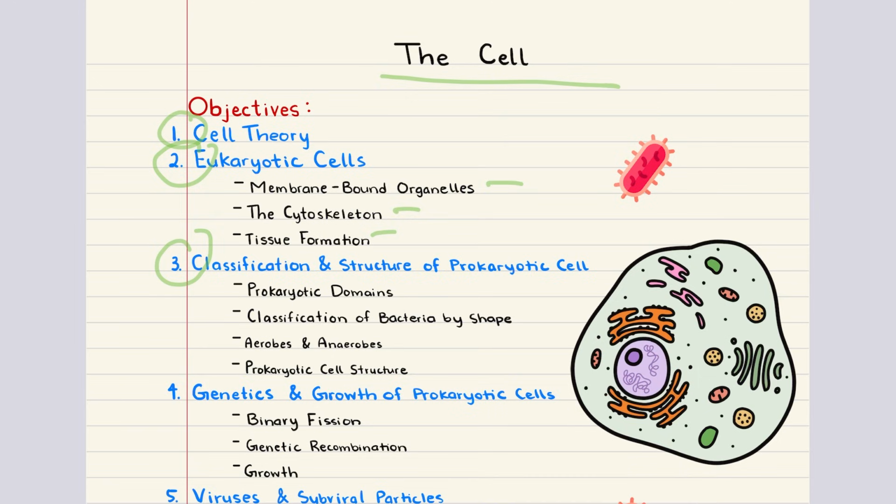These are simpler cells like bacteria, but they're incredibly diverse and important. We'll talk about the domains they belong to, how they're classified by shape, and how they differ in their use of oxygen. We'll also go over the basic structure of a typical prokaryotic cell.